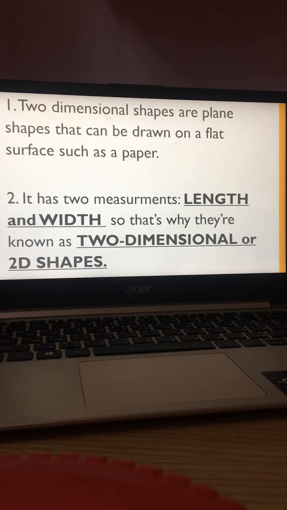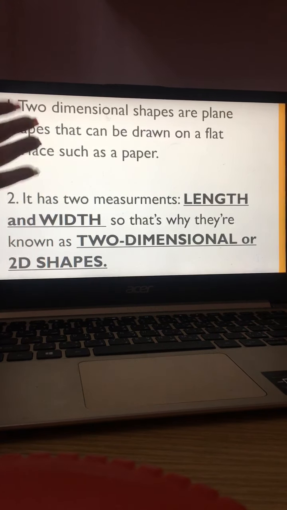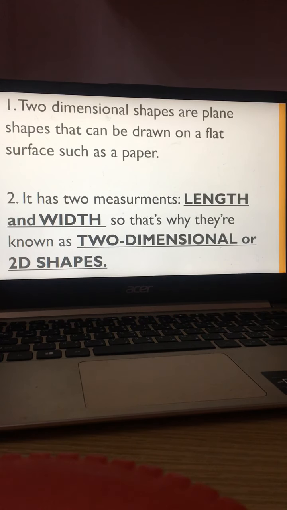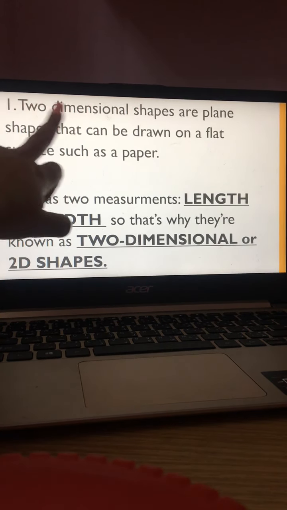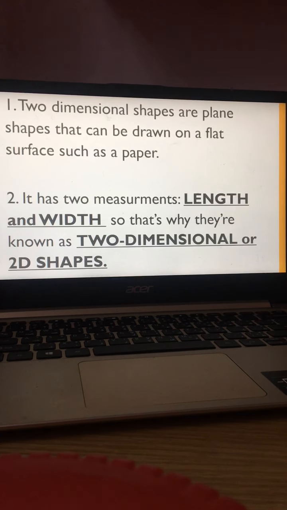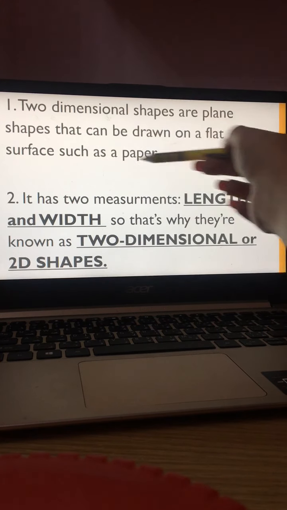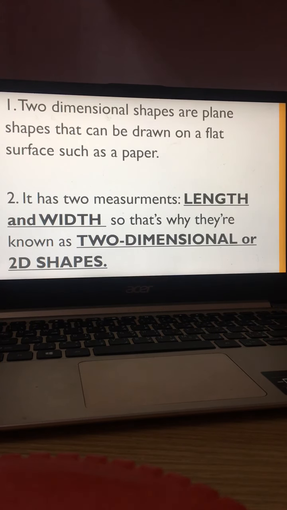The first characteristic is a description: two-dimensional shapes are plane shapes that can be drawn on a flat surface such as a paper.